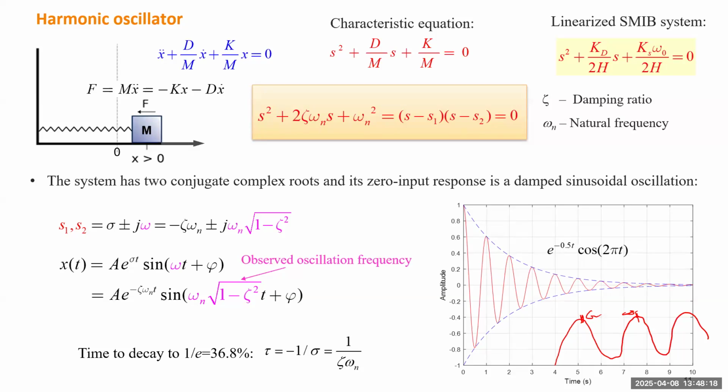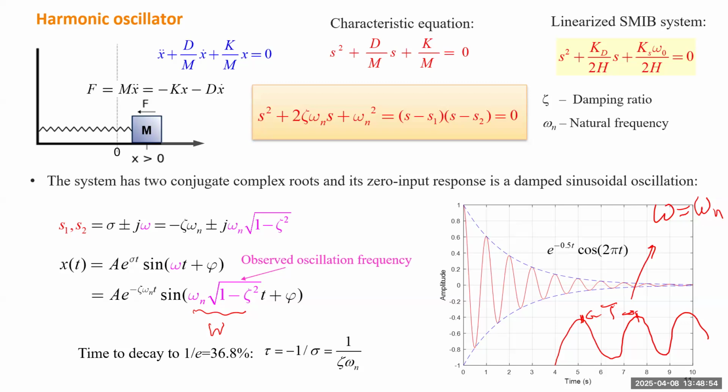I call it capital T, the true period. 1 over capital T will tell you the frequency, and you translate that frequency to angular frequency, and that will give you omega. Because there is no damping, it has equal amplitude, and this omega is also omega n, the same, because omega is equal to omega n multiplied by the square root of 1 minus zeta squared.